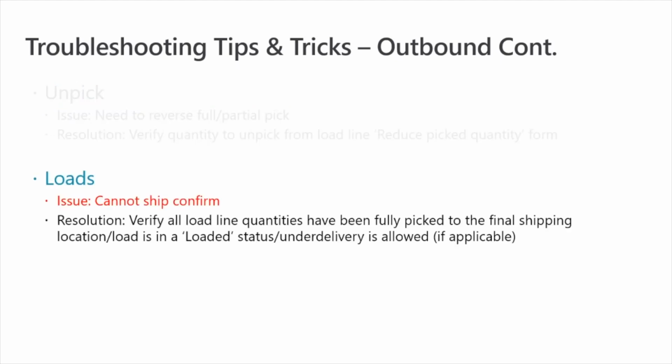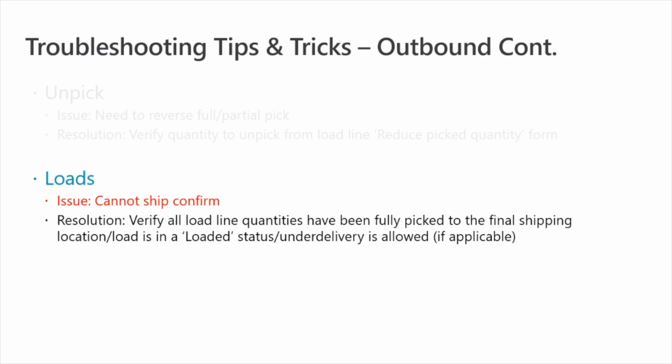And then finally, for the load, once we're at the very end of the process, if we run into an issue with ship confirmation, then we want to verify a few things: that our load quantities are fully picked to our final shipping location, and that the final shipping location is known by the system based on what you specify in the warehouse management parameters.